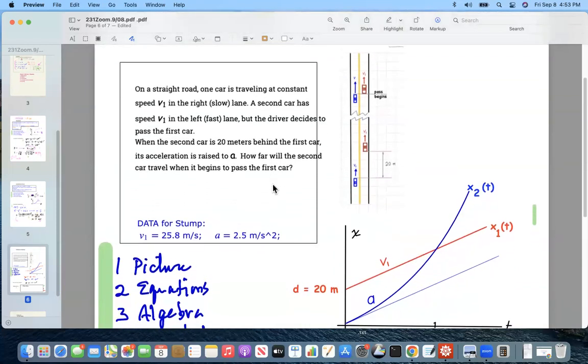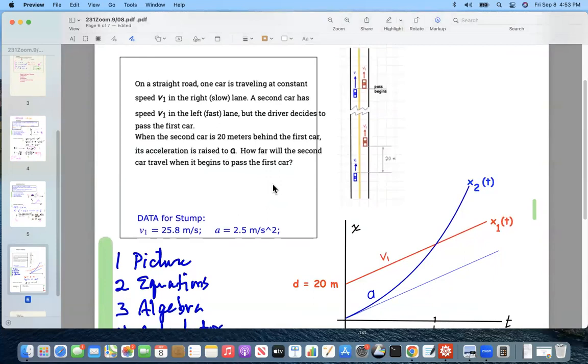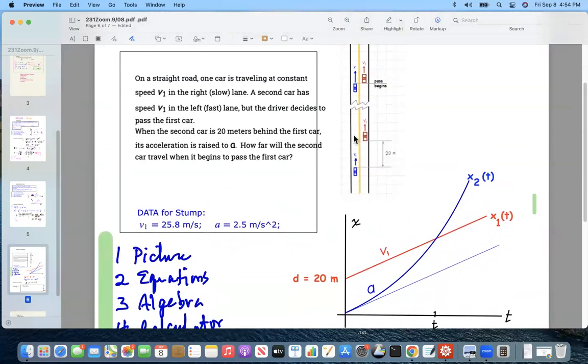So the driver of the second car decides to pass the first car. So he applies the accelerator. When you apply the accelerator, you accelerate. You go faster. So when he's 20 meters behind the first car, he can see the first car is not going fast enough, and he wants to go faster, so he's going to accelerate. He'll accelerate, and we'll assume that the acceleration is constant a.